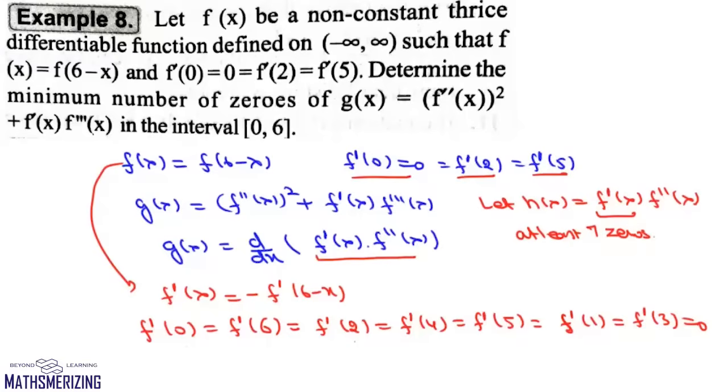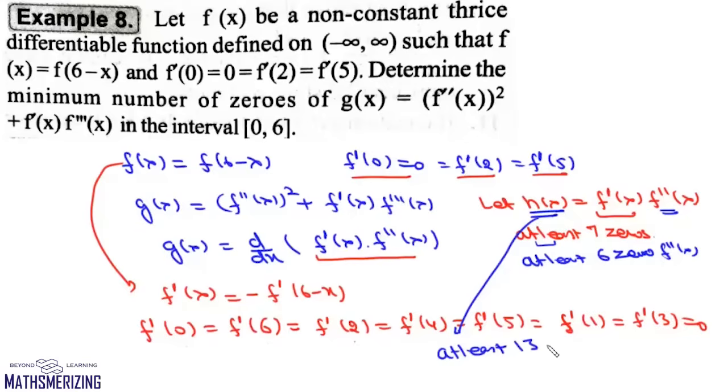Now using Rolle's theorem, we can say that in between any two zeros of f'(x), there will be at least one zero of f''(x). So in between 7 zeros of f'(x), there will be at least 6 zeros of f''(x). So this function h(x) will have at least 13 roots or 13 zeros.